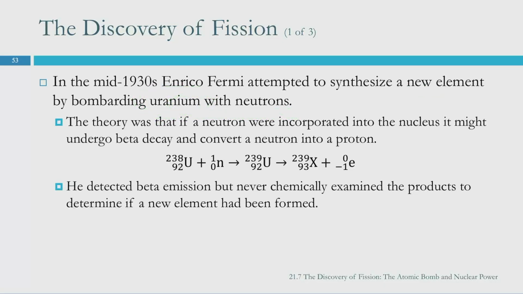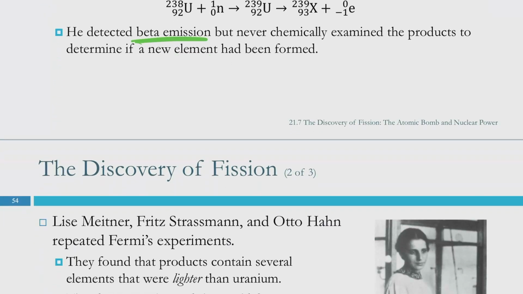The theory is that if you bombard it enough, eventually maybe one of those neutrons would stick, and that would bump up your mass number, and then it might decay by beta decay, converting that new neutron into a proton, moving it 1 spot over on the periodic table. And it sort of worked. He detected beta emission, which is what he was expecting to see, but he never examined the products to make sure that it was actually a new element. So spoiler alert, it's not a new element.